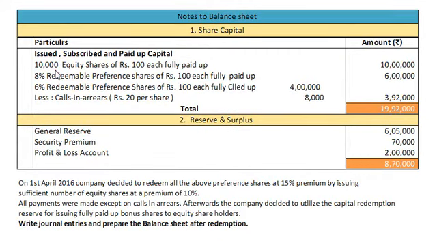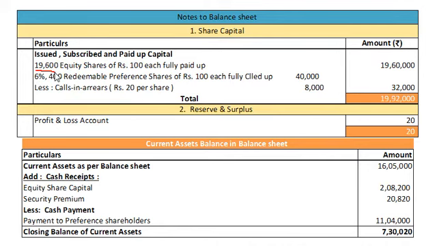Our existing equity share capital is 10,000 equity shares, plus new equity shares issued for redemption purpose, plus bonus shares issued to the existing equity shareholders. By adding these three, we will get a total of 19,600 shares. So finally 19,600 equity shares of rupees 100 each fully paid up, 19,60,000.